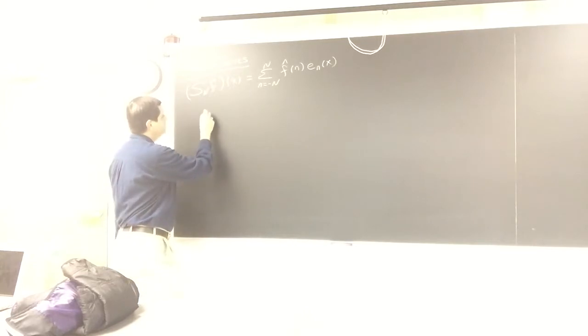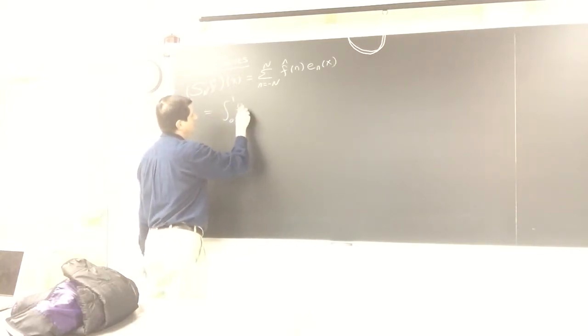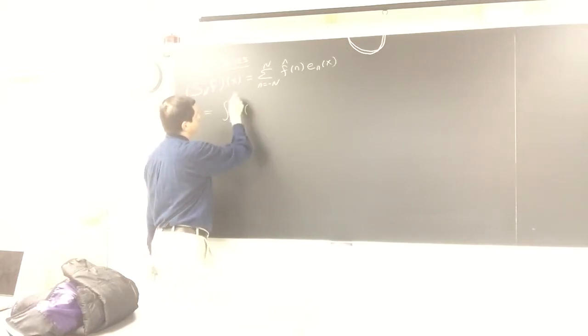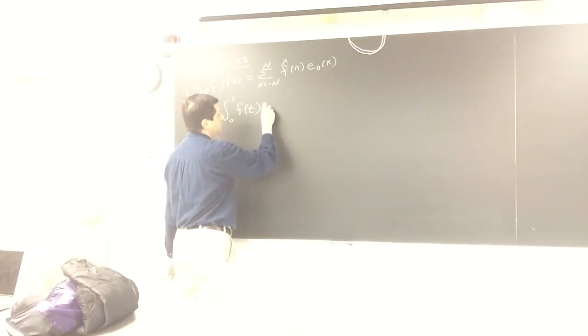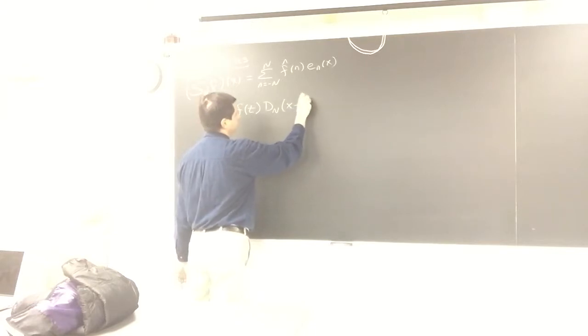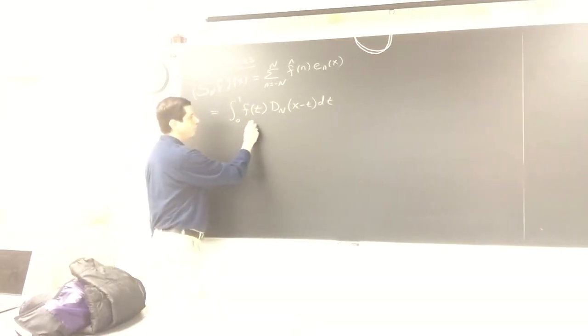It turns out that this is also equal to the integral from 0 to 1 of f of t D_N of x minus t dt. So this is called a convolution.